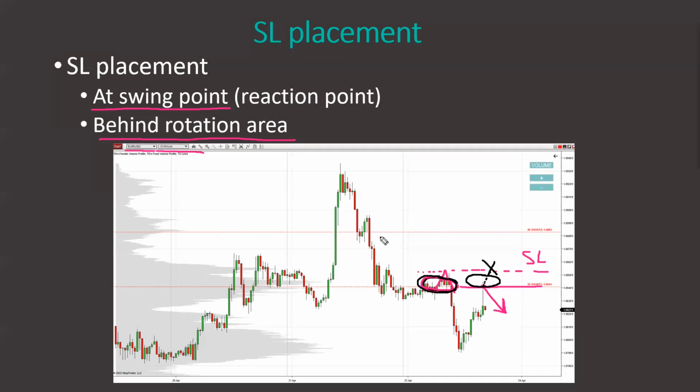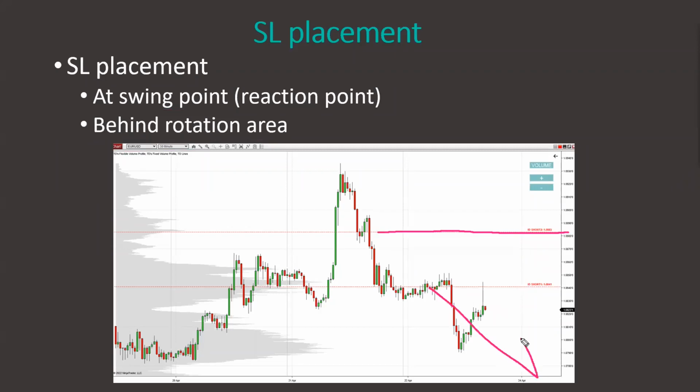All right. Now, if you look at that second short that I predicted, by the way, this one hasn't been tested yet. This level is still active. The euro currently is way below this. But anyways, this is the level. This one was based on another volume profile setup. I won't be talking about this here, but there was a little rotation in here.